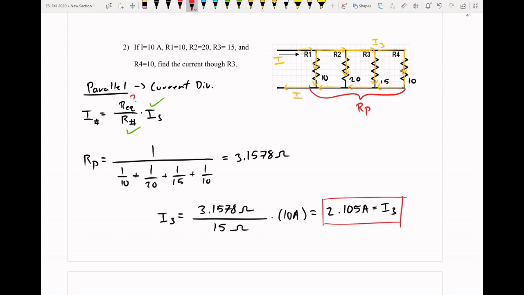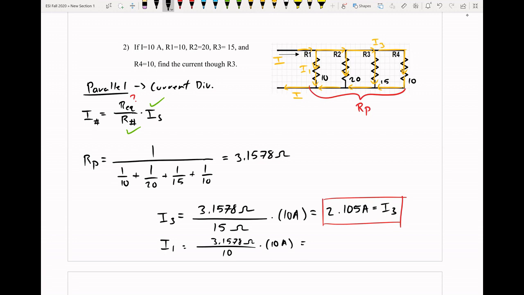Okay. And then if we wanted to find, let's say, I1, right there, all we would have to do is 3.1578 ohms over 10 times 10 amps.